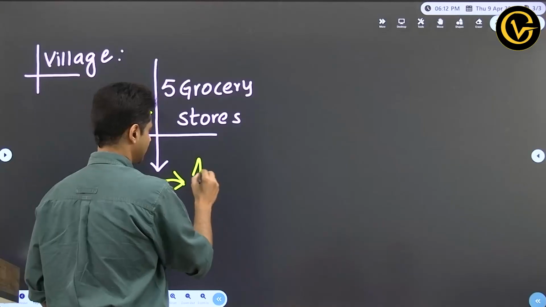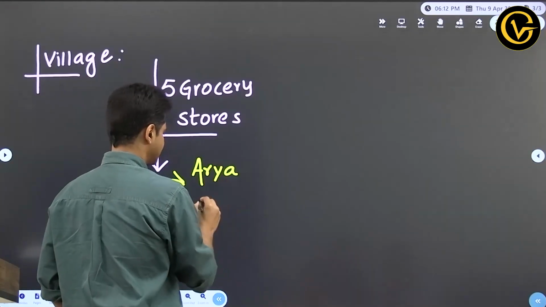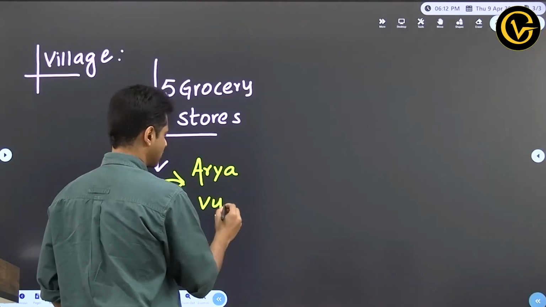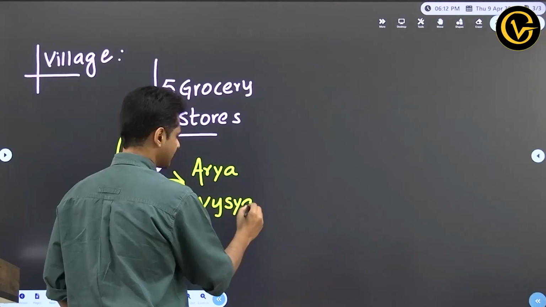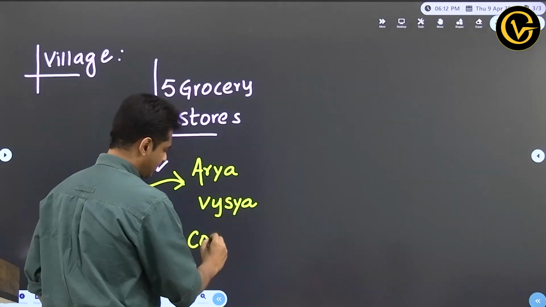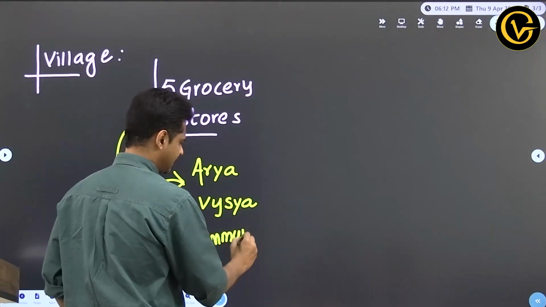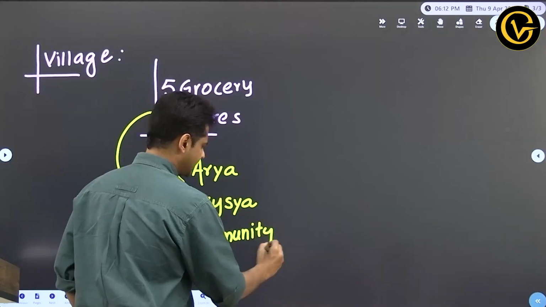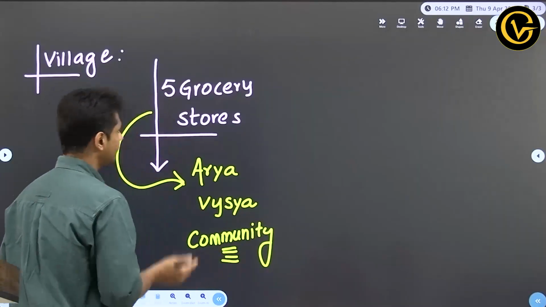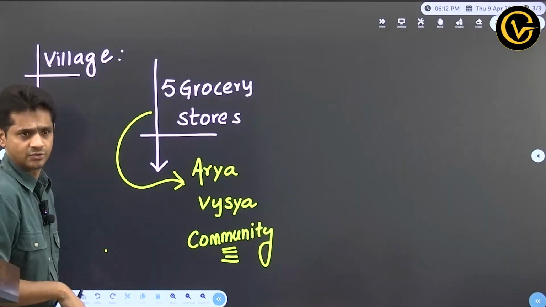Yeah, very good. In our Telugu states, or for that matter, in most of the South Indian states, it is the Arya Vaisya community. In some states, they are called Shettis. Generally, these are the ones who run grocery stores.